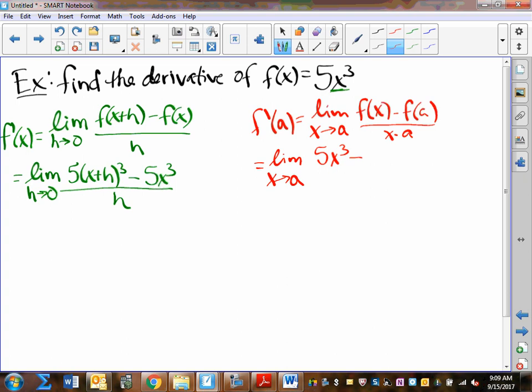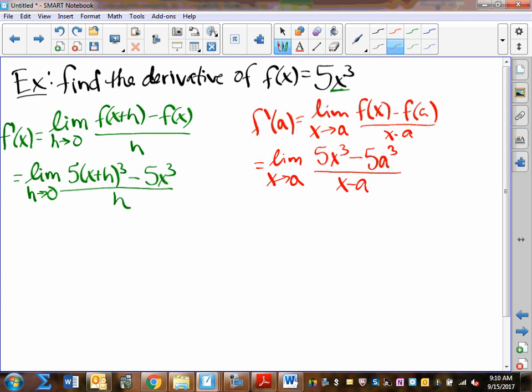So instead of x, I replace it with a. Just like here, it said f of x plus h, so instead of x, I add x plus h. Here it says f of a, so I just simply put a. So 5x cubed minus 5a cubed over x minus a. Do we have to FOIL that out? No, in fact, it's already multiplied out, and already in a format that might make it easier for us to factor.